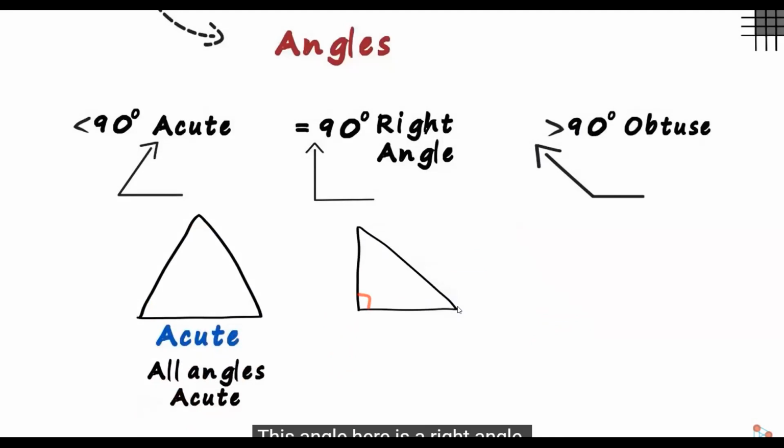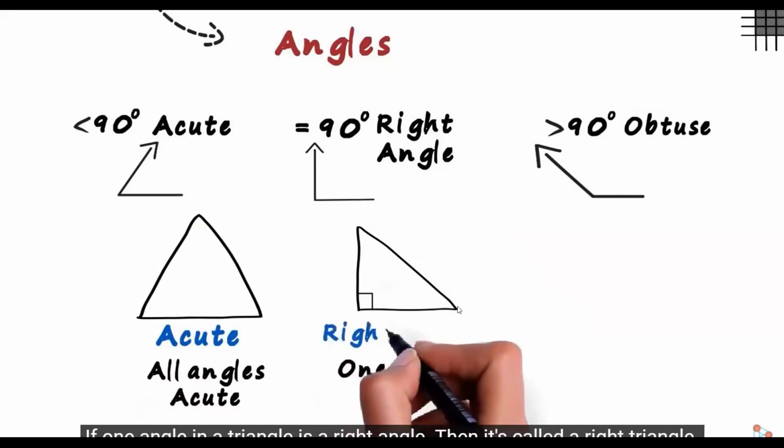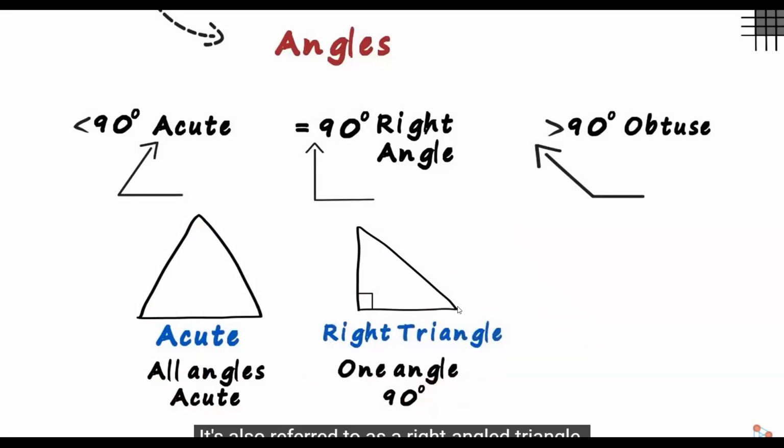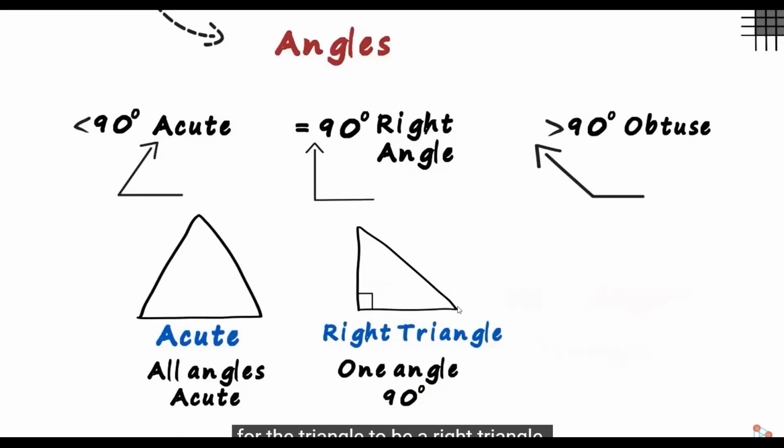Now look at this triangle. This angle here is a right angle. If one angle in a triangle is a right angle, then it's called a right triangle. It's also referred to as a right-angled triangle. Remember, just one angle has to be a right angle for the triangle to be a right triangle. On that note, let me ask you a random question. Can we have two right angles in a triangle? Try making one in your notebook and you will get your answer.